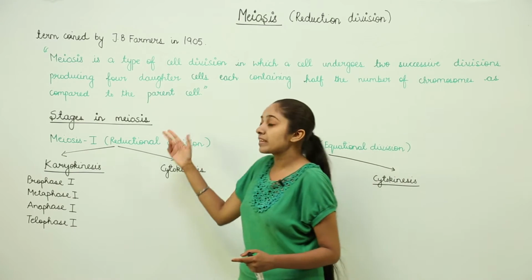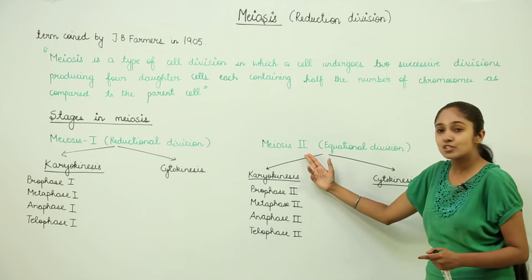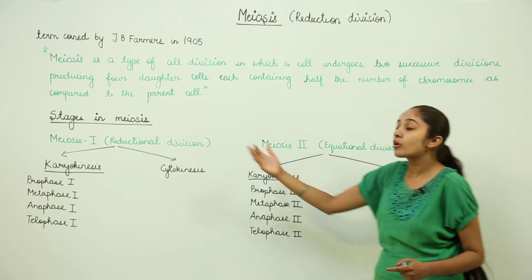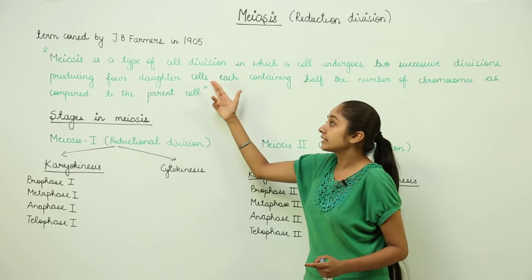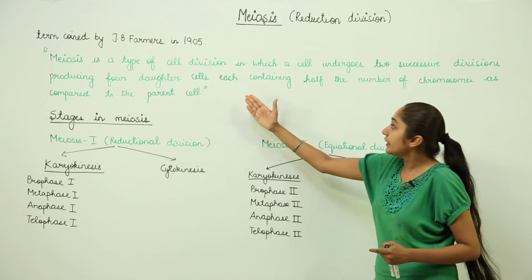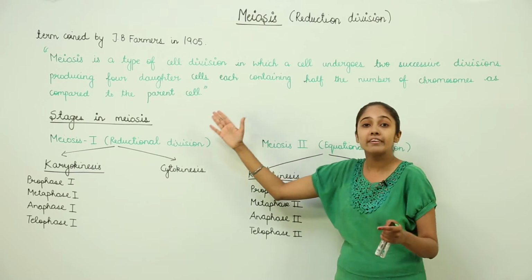Well, meiosis takes place in 2 stages, that is meiosis 1 and meiosis 2. So in the definition we are talking about the 2 successive divisions as meiosis 1 and meiosis 2, producing 4 daughter cells. Now what is the end product? We have 4 daughter cells, each containing half the number of chromosomes as compared to the parent cell.